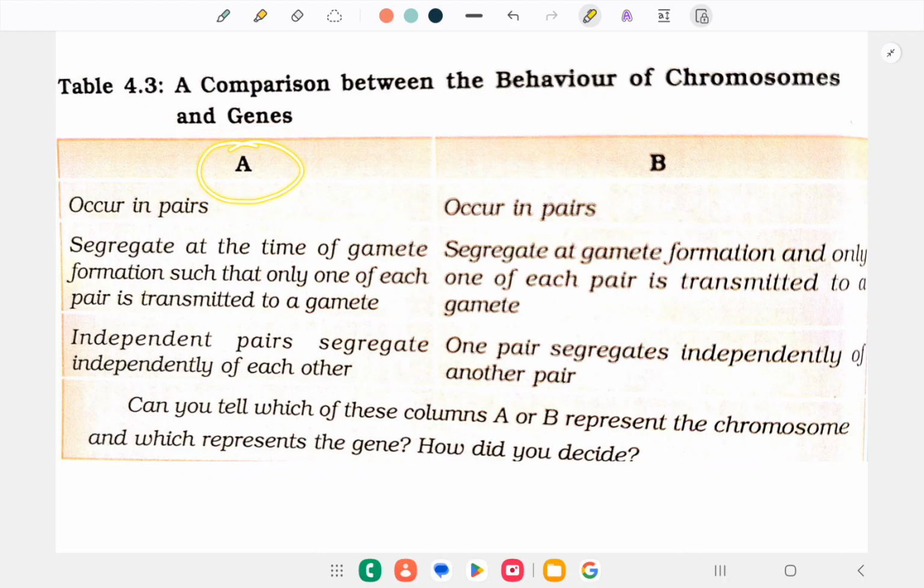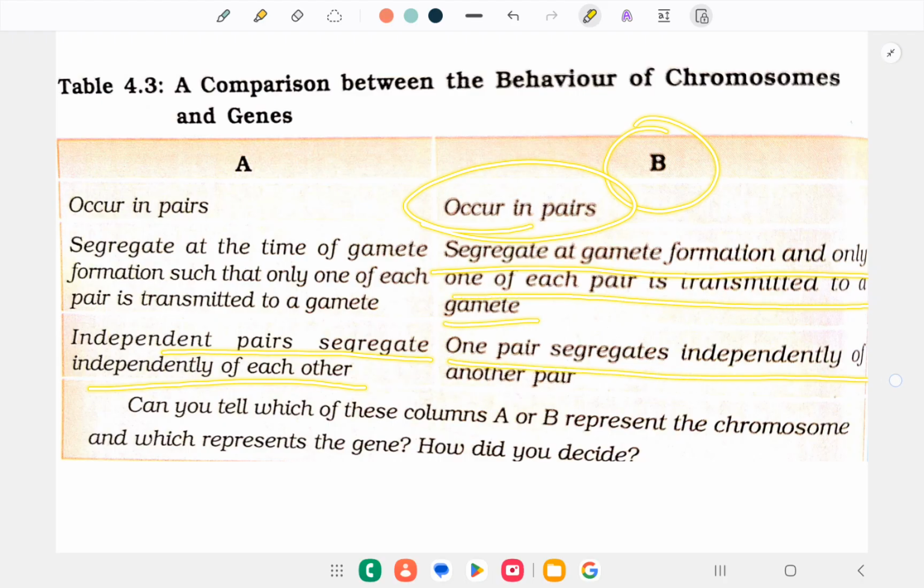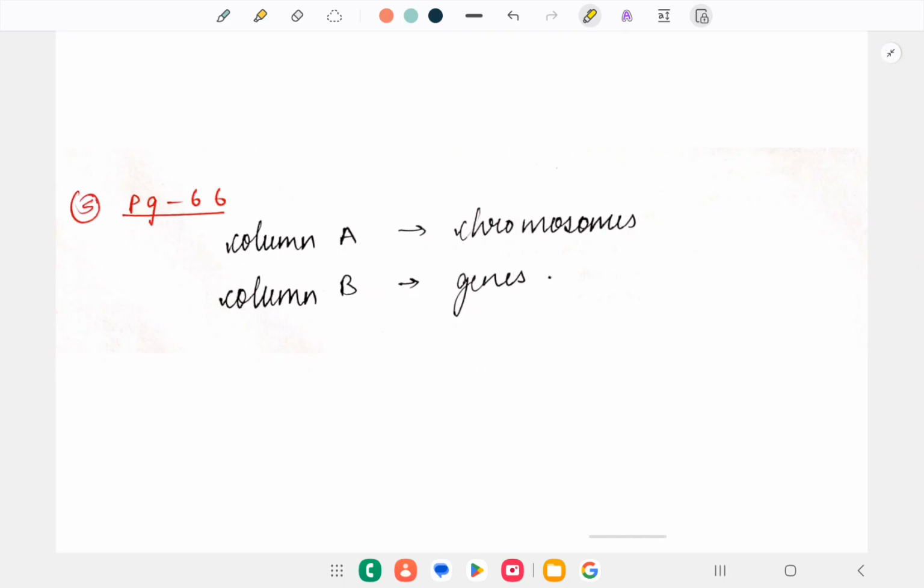A states that it occurs in pairs and segregates at the time of gamete formation, such that one of each pair is transmitted to a gamete and independent pairs segregate independently of each other. In B, it also occurs in pairs, but it segregates at gamete formation and only one of each pair is transmitted to a gamete. So one pair segregates independently of the other pair. From this we can identify that column A is chromosomes and column B is genes.